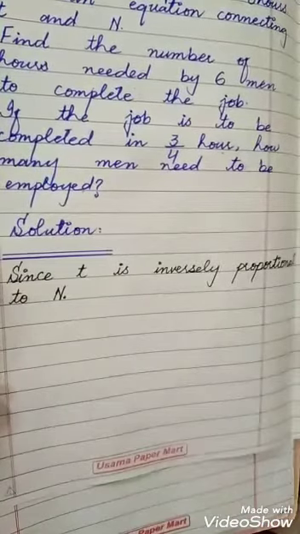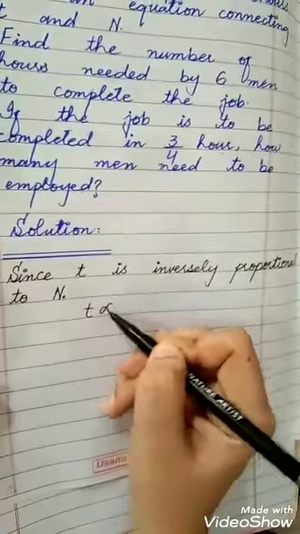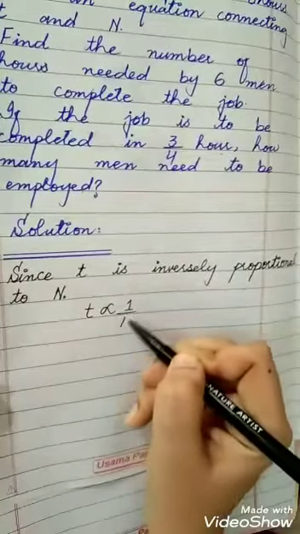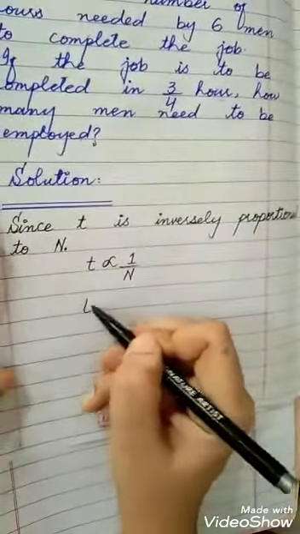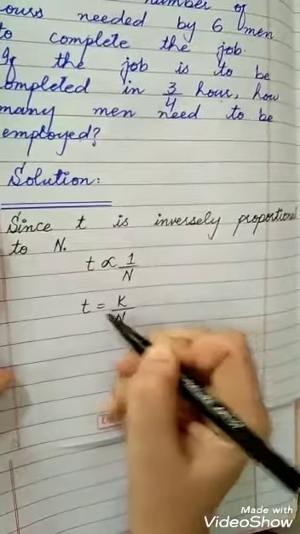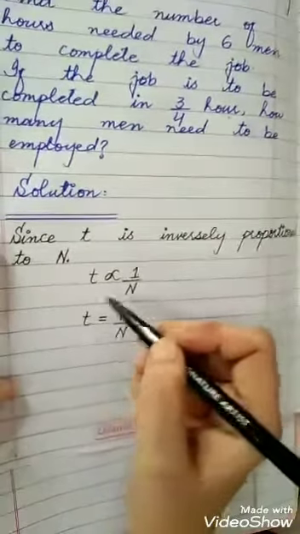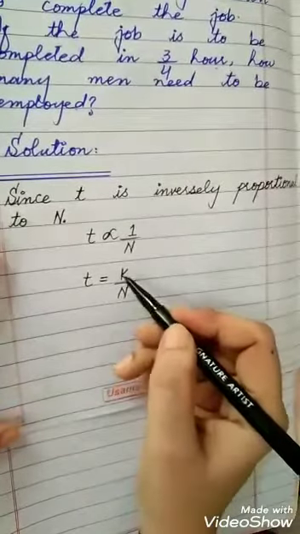Since t is inversely proportional to n, we have to remove the sign now by placing a constant. T is equal to k by n. Put t value and n value to find the value of k now.